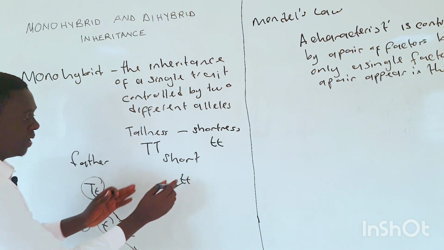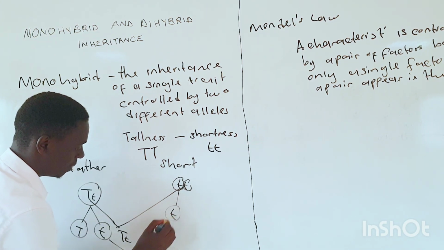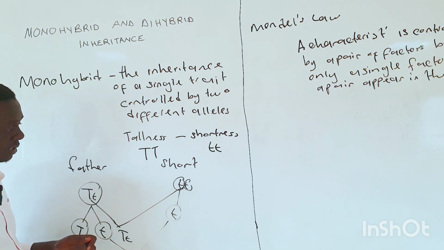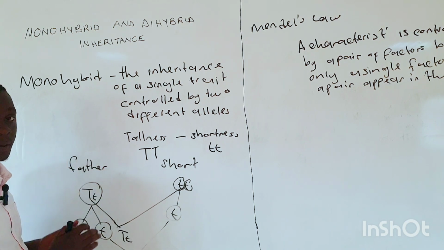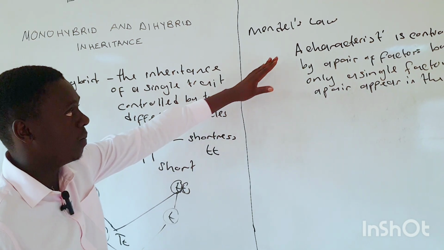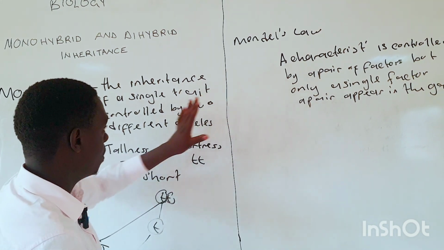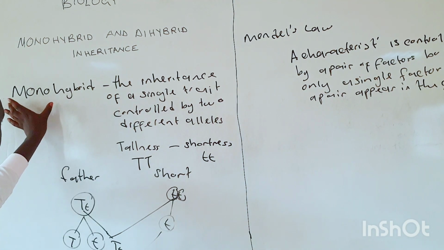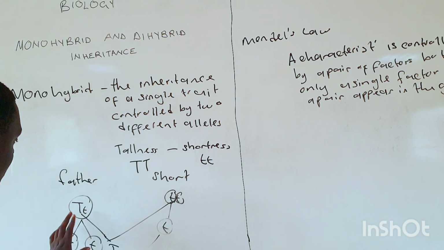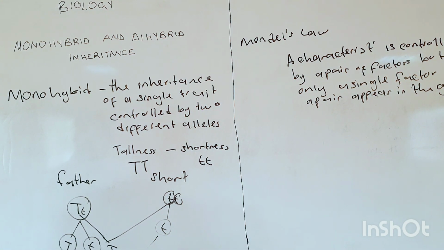Even a mother also brings a single one of these two factors, and they combine and appear in the offspring. This is what we call Mendel's first law of inheritance. It is best explained by monohybrid inheritance, because despite the fact that these two genes are in the body, only a single one of them will appear in the offspring.